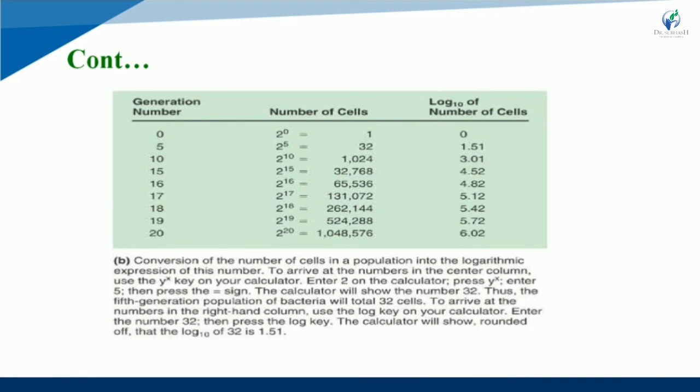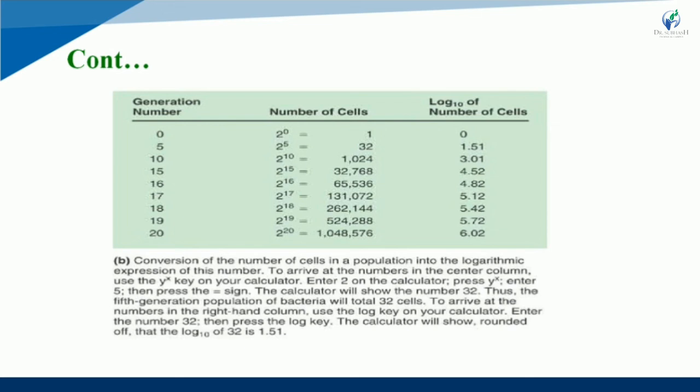So generation time is 0, 5, 10, 15 and so on, while the number of cells is 2 to the power of 0, equal to 1, and 2 to the power of 5, equal to 32.